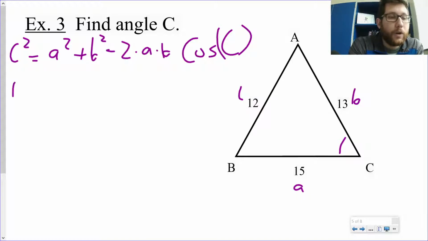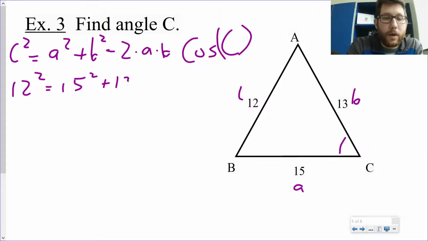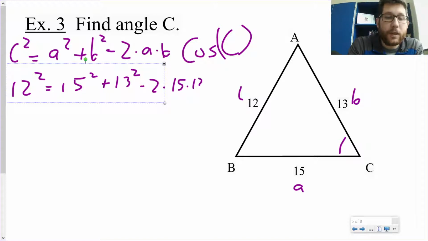So I get 12 squared is equal to 15 squared plus 13 squared minus 2 times 15 times 13 times cosine of C.